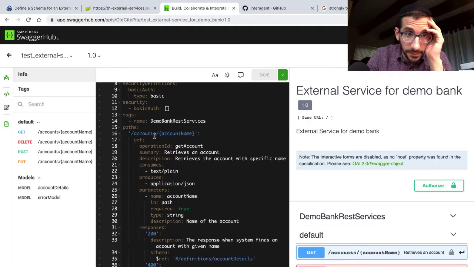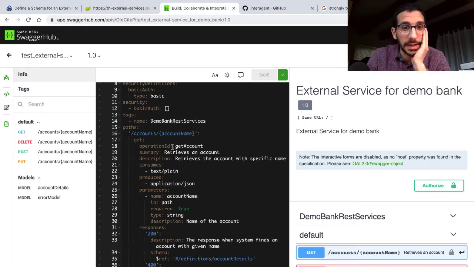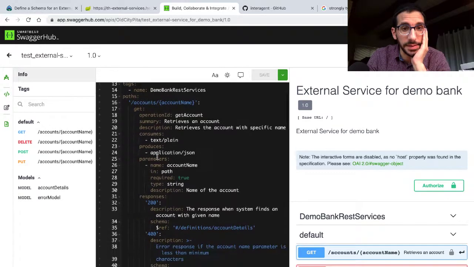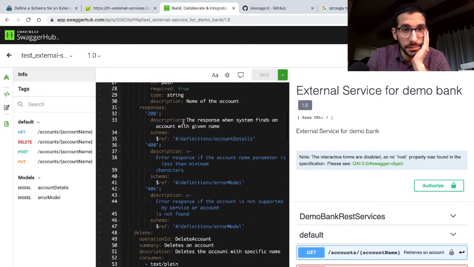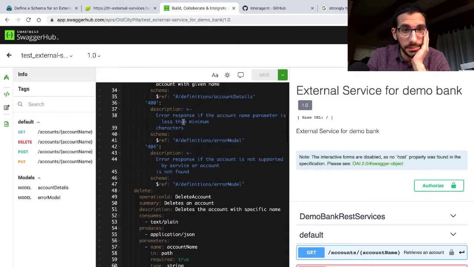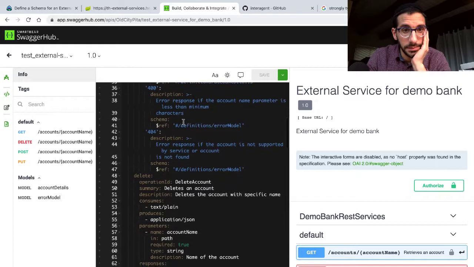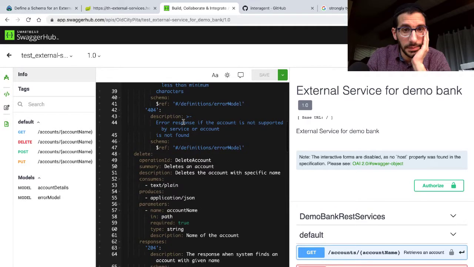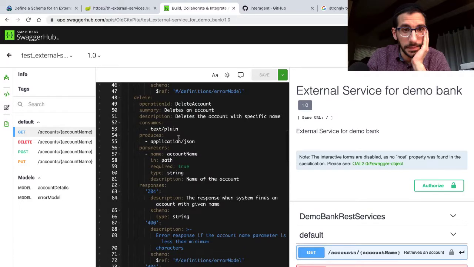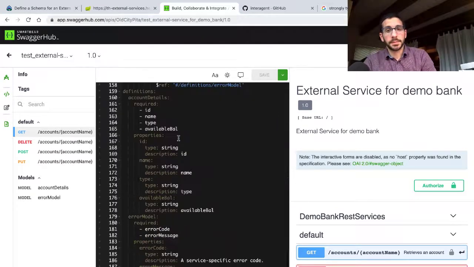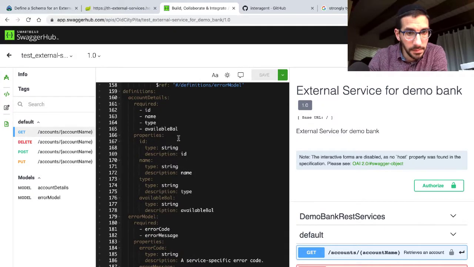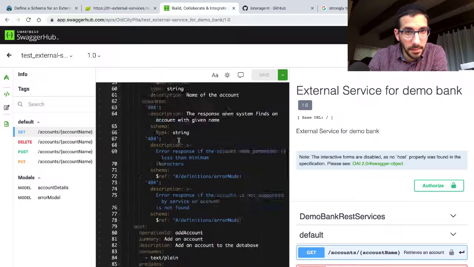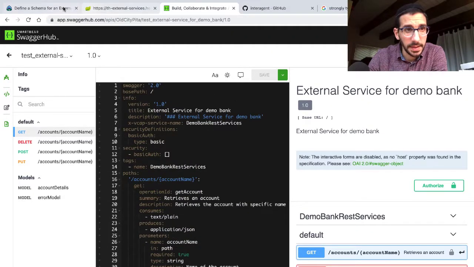Path /accounts, operation ID getAccount, summary retrieves an account, description retrieves the account with a specific name. Okay, I guess that's what I did.